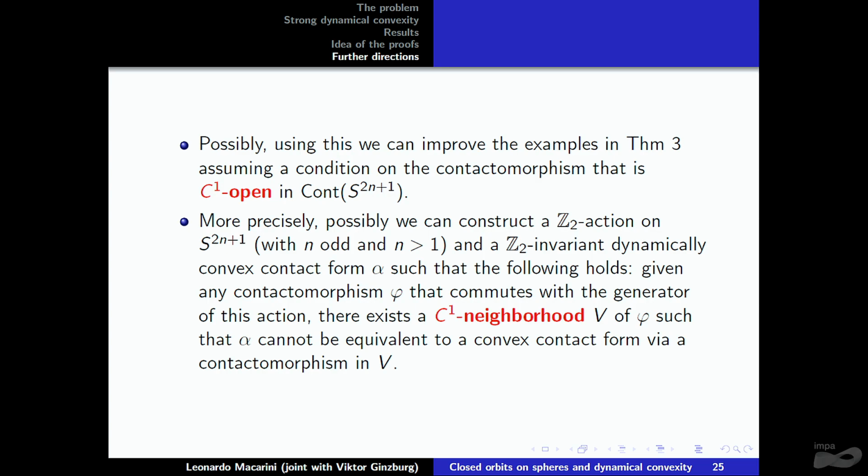So alpha is not convex by any contactomorphism in this C1 open subset of the group of contactomorphisms. That's where I stop here.